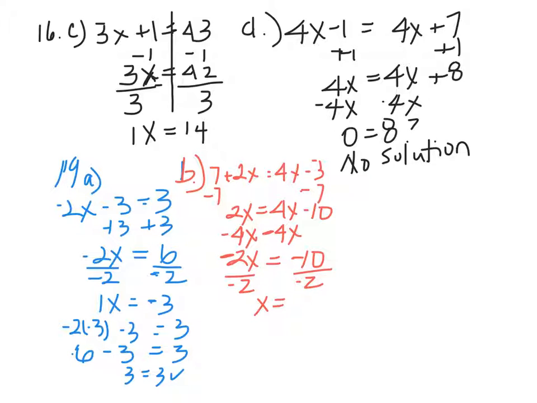And I get x equals 5. Let's see if it works. 7 plus 2 times 5 equals 4 times 5 minus 3. That's 7 plus 2 times 5 is 10. That's 17. 4 times 5 is 20. Minus 3 is 17. It works.